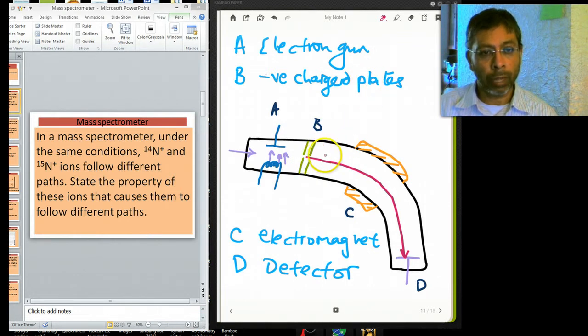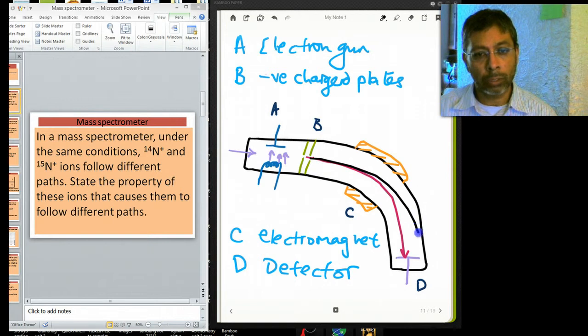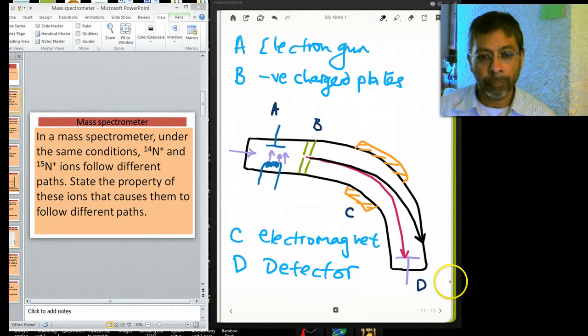They will not get deflected so much and they'll just crash into the side wall here.